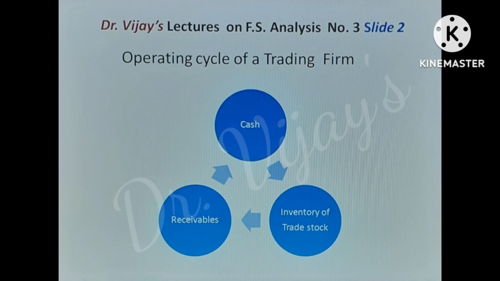On realization of cash from the receivables, from debtors and notes and bills, it gets converted to cash again. Again, the flow repeats from cash to inventory of trade stock and to receivables and back to cash.